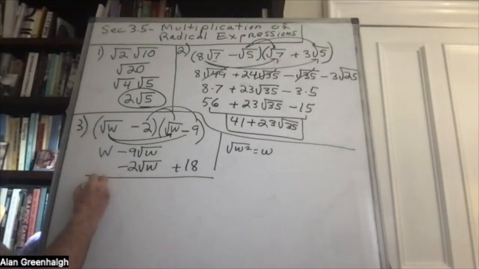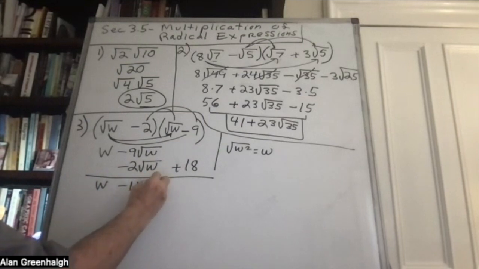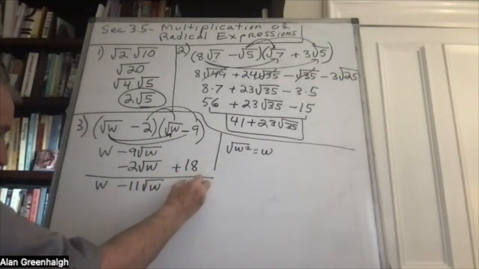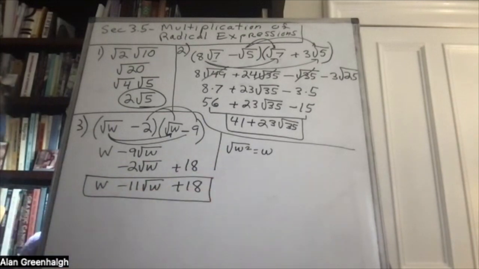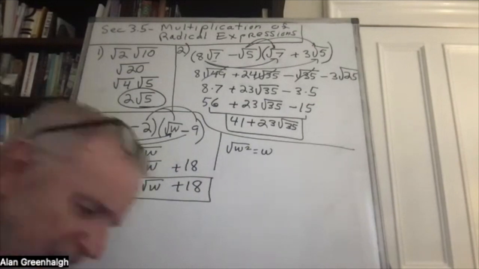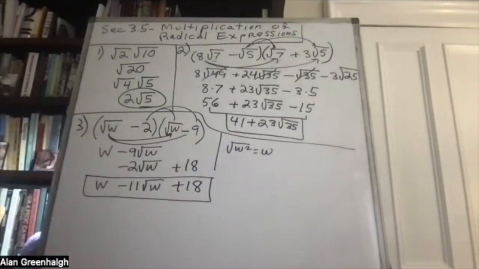And there it is, W minus 11 times the square root of W plus 18. And it's dry, there's nothing really exciting about it, but that's the way we're just learning how to do various skills.